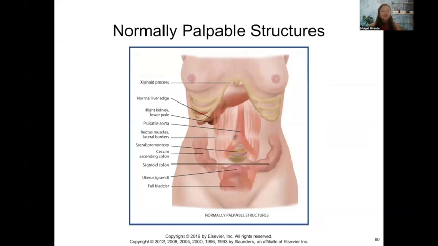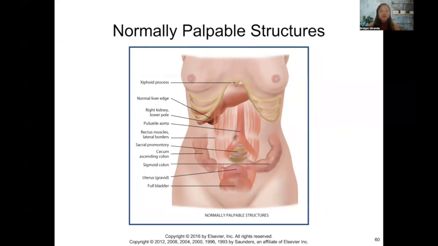Okay. So here are examples of palpable structures, things that most people can palpate when they are doing deep palpation on the abdominal area. If you have a full bladder, if your uterus is a little bit enlarged, most people can feel the cecum and the sigmoid colon.